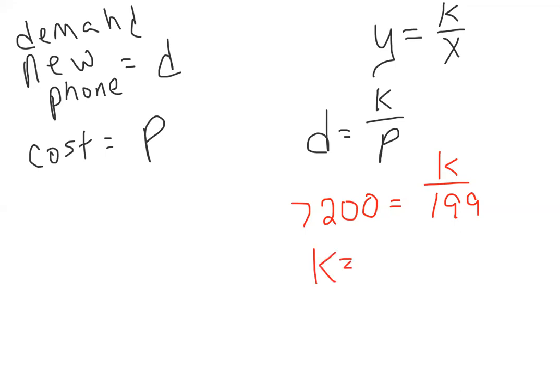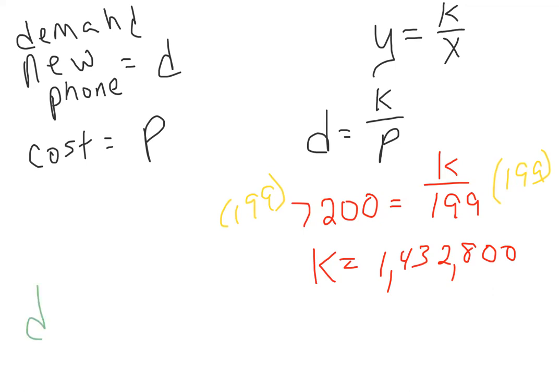And I get K equals, wow, that's a big K. That's what it is. And I got the 199 off the bottom of the fraction by multiplying. So what is my new equation? Well, my new equation is D equals, there we go.